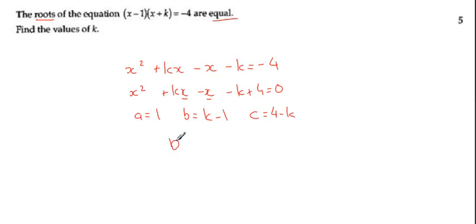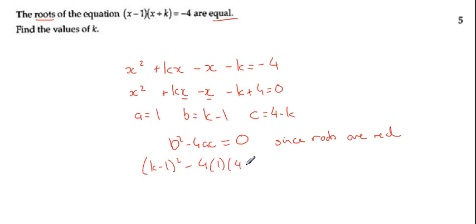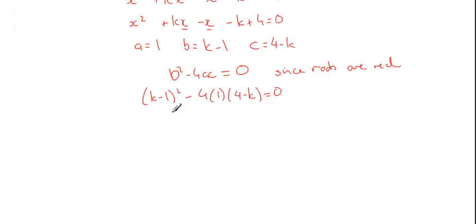And we know b squared minus 4ac has to equal 0, since the roots are real and equal. So because we know the roots are definitely real and equal, we can make the statement at the start: the discriminant is equal to 0. So this is k minus 1 squared minus 4 times 1 times 4 minus k is equal to 0. k minus 1 squared becomes k squared minus 2k plus 1.